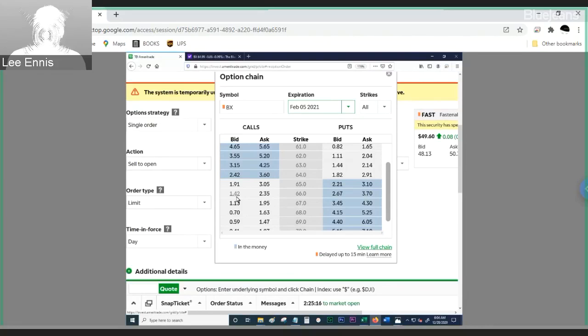We also have the position in Fastenal that we have to initiate that may happen on February 2nd. It may not. I don't know yet. So we'll see where we are, and then that'll tell me whether or not to purchase shares in Blackstone and then implement this iron condor strategy from there.